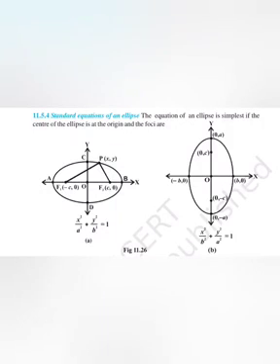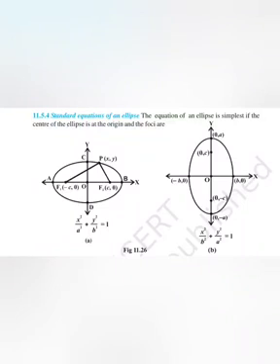If the major axis of the ellipse is along the x-axis and the minor axis is along the y-axis, the center of the ellipse is at the origin, the length of the major axis is 2a and the length of the minor axis is 2b, then the equation of the ellipse is x²/a² + y²/b² = 1.